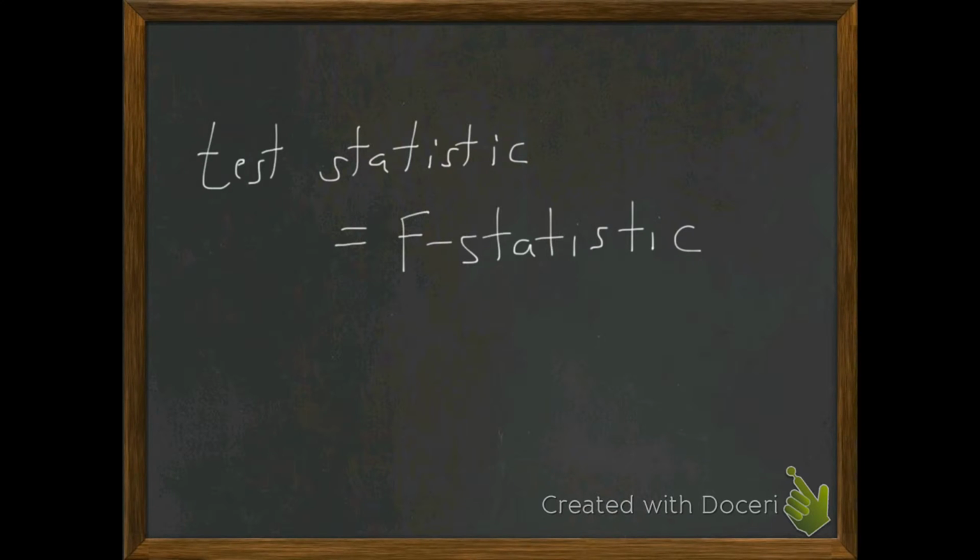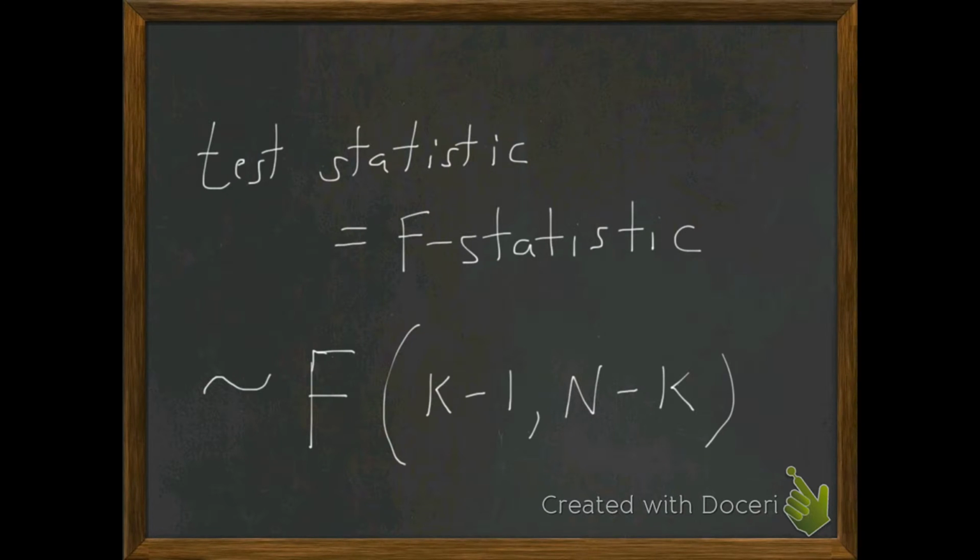And the F statistic follows what we call the F distribution with degrees of freedom k minus 1, comma, n minus k. So the F distribution is a function of 2 degrees of freedom. So we enter in 2 values.